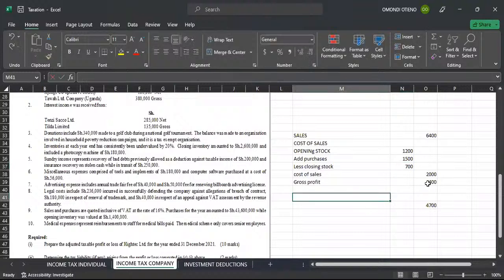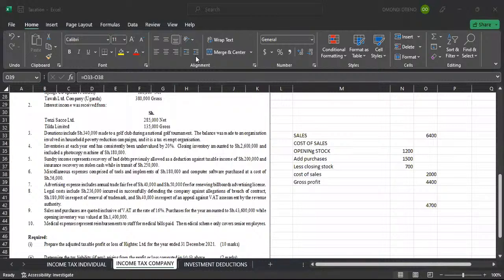Let's look at our profits. Imefanya nini? Our profit has reduced from 4,700 to 4,400. So what has happened?